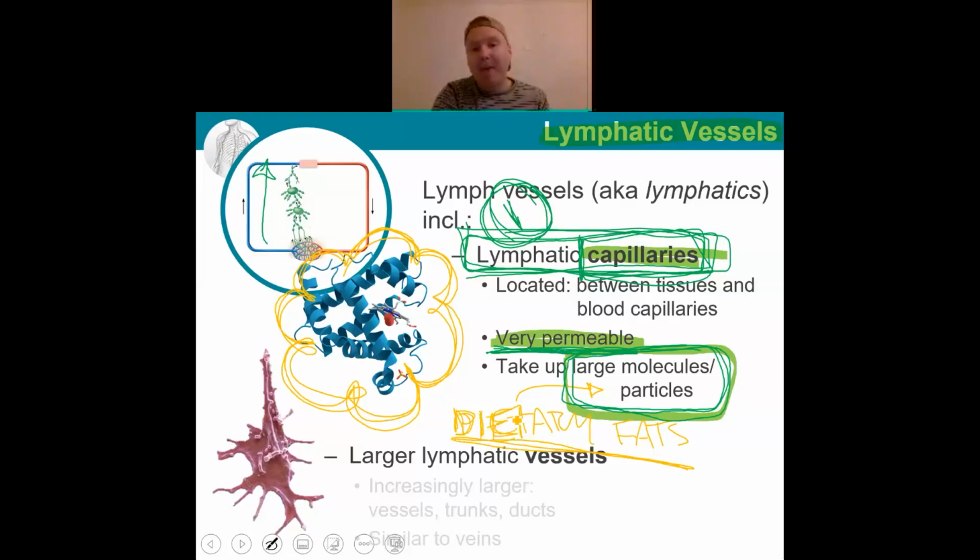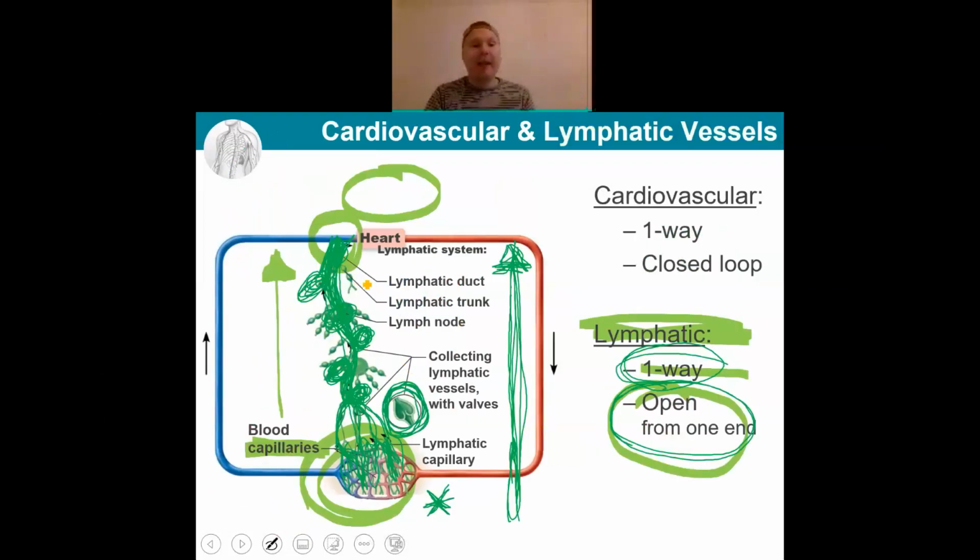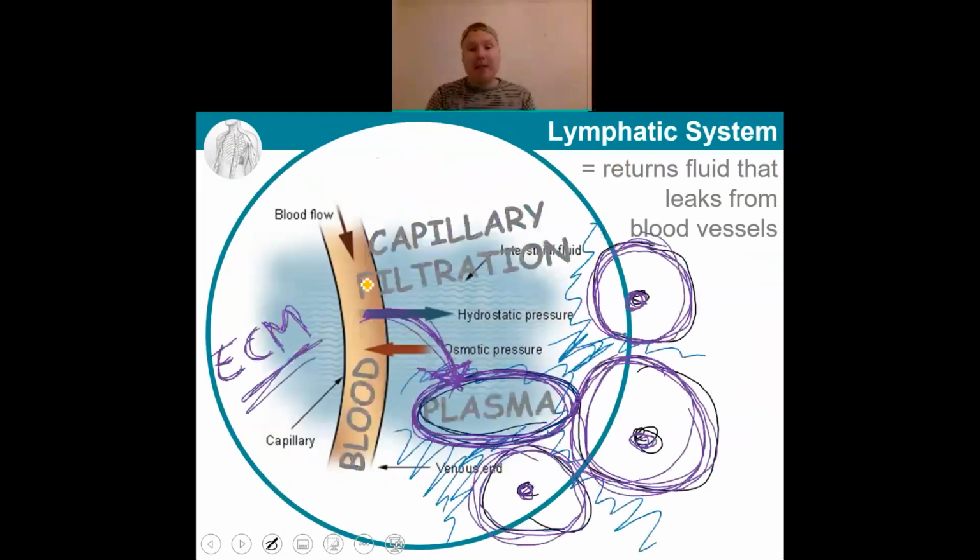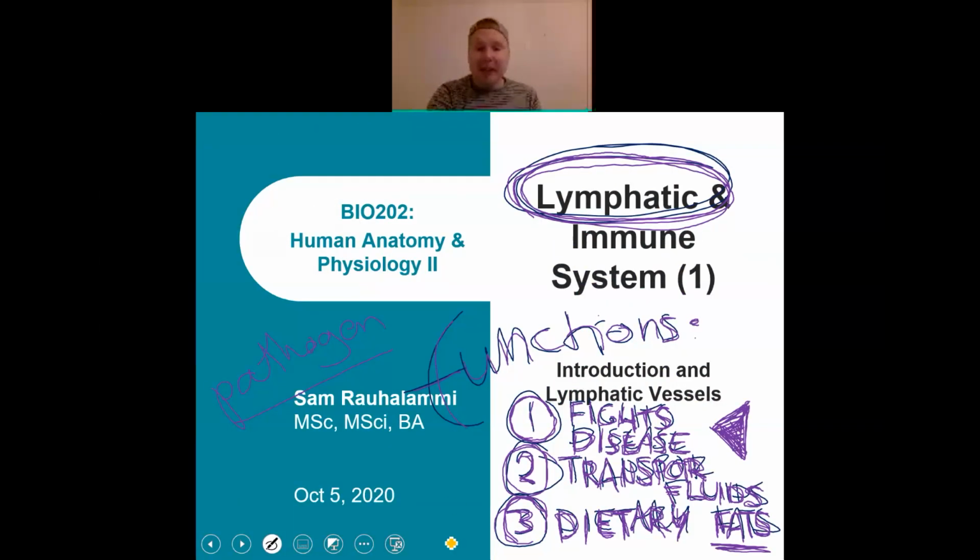And that was one of the functions that we found for the lymphatic system: picking up those large fat molecules that were too big for the cardiovascular system to pick up in the capillaries. This would be an example of one molecule that would be large. We could think that it's, for example, this dietary fat. I'm just going to jump to our very first slide, where one of the functions was picking up these dietary fats.